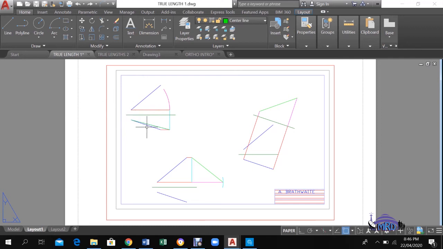If you are asked to determine the angle of inclination with the vertical plane, then that would be a measurement giving you horizontal and the angle formed in there, and that would be the angle of inclination in the vertical plane.